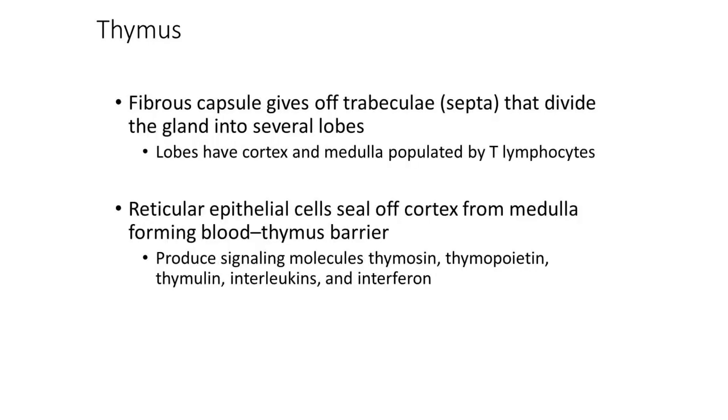It has a fibrous capsule, and there are these trabeculae or septa that divide the gland into several lobes. The lobes have a cortex and a medulla. The cortex being the outside, the medulla being the inside, and they are populated by T lymphocytes.